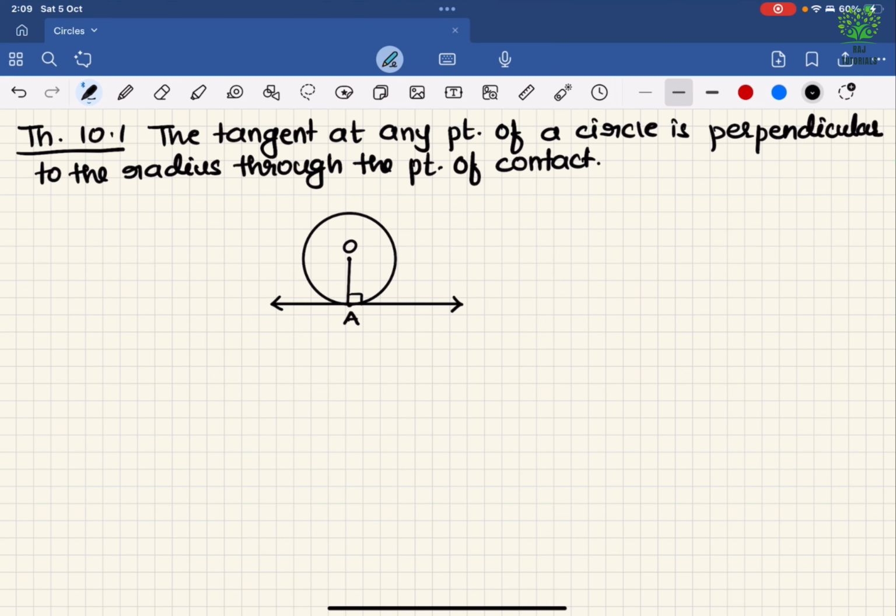So this is what the theorem says. Now this theorem's proof is not generally asked, as it is a theoretical proof, but let us understand that also.